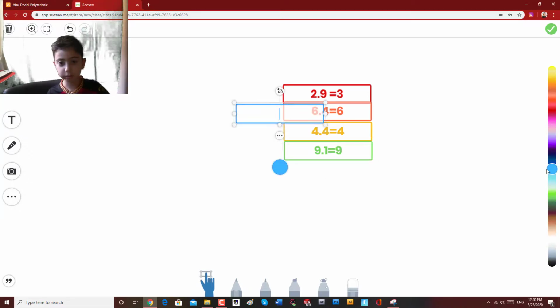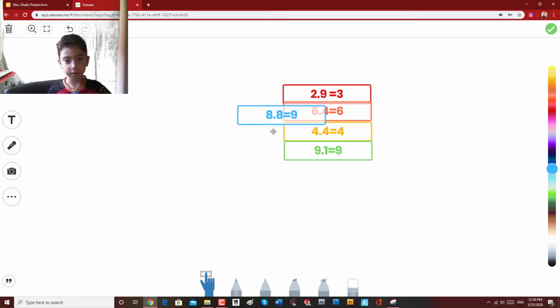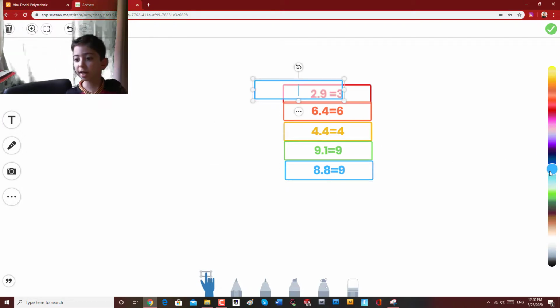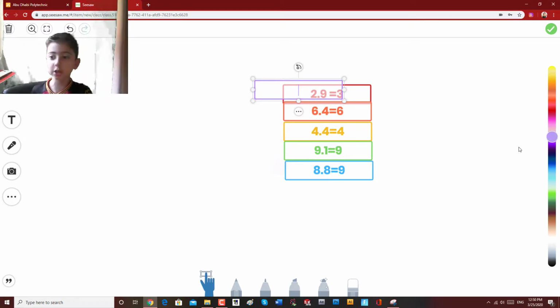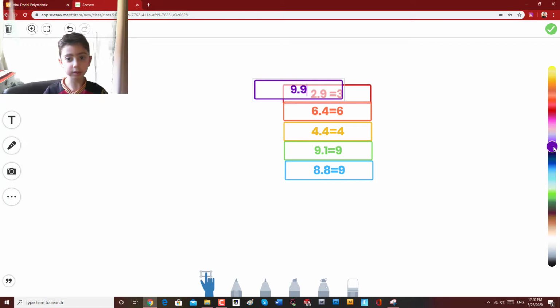Let's color this one blue. 8.8 equals 9. Now we got to do purple, which is going to be kind of nice color. Remember guys, the fancy color is going to be this color. 9.9 equals 10.